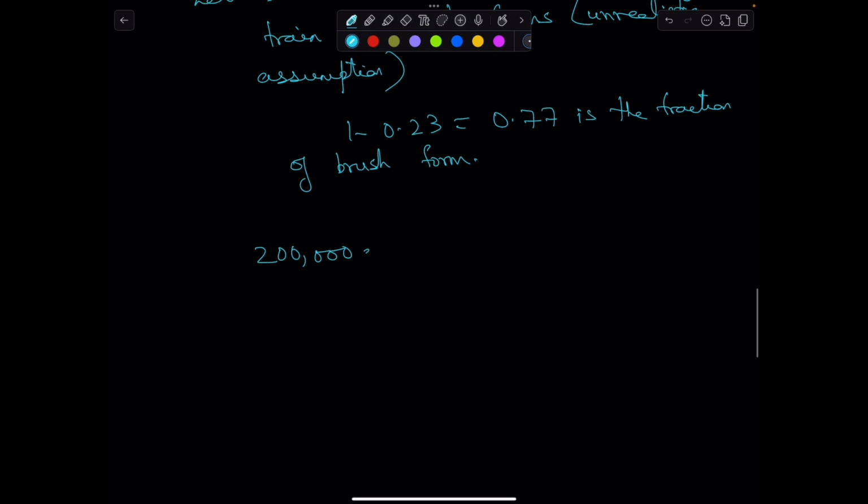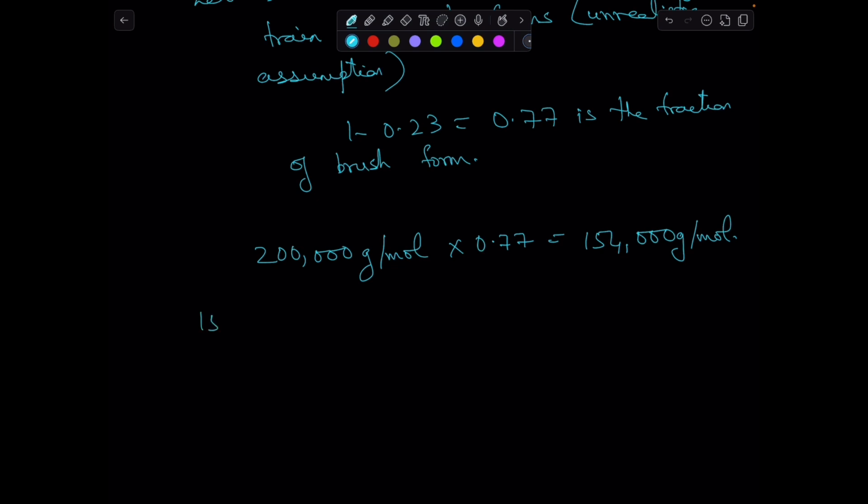Since the total molar mass is 200,000 grams per mole, that times 0.77 would be 154,000 grams per mole. So 154,000 grams per mole is in the brush form.